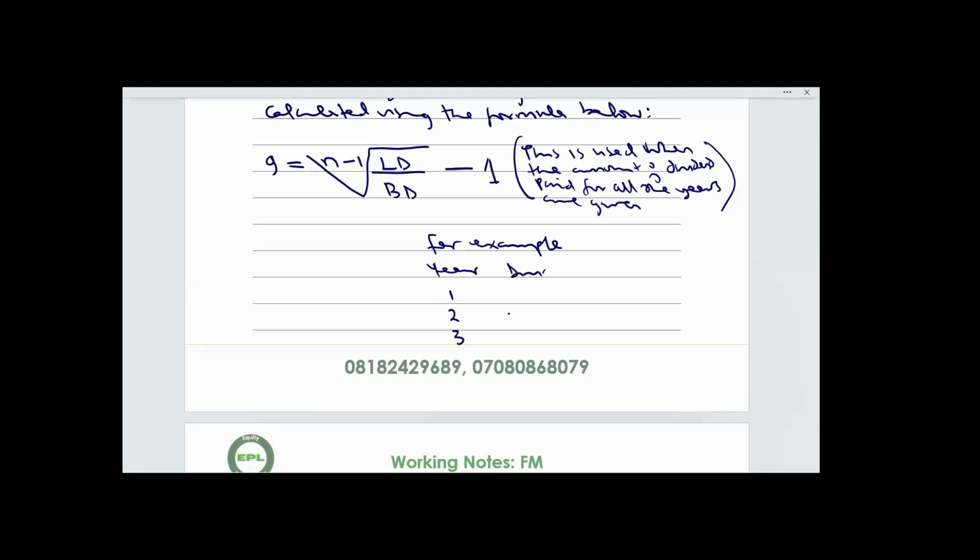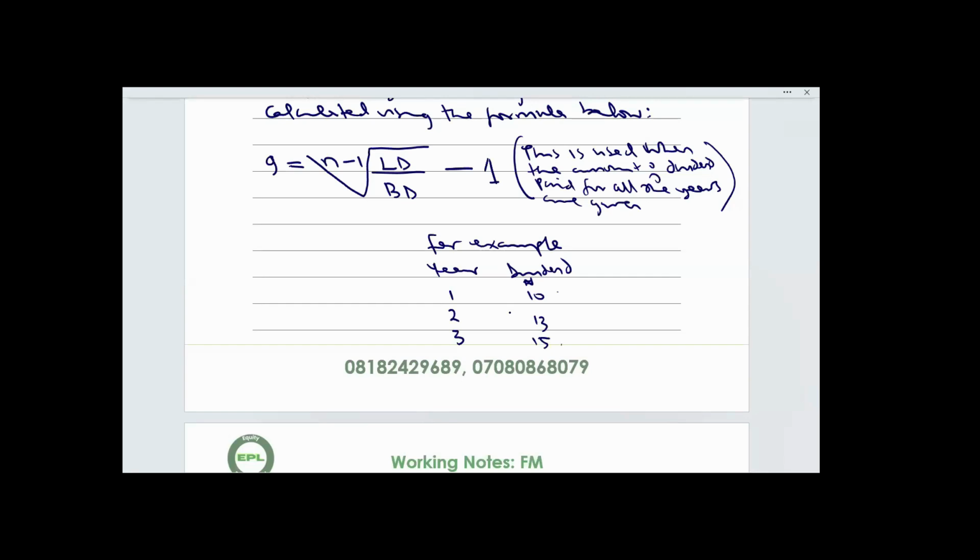The amount of the dividend paid for year 1 is 10 naira. Year 2 is 13 naira. Year 3 is 15 naira. So these are the amounts of dividend paid across the 3 years. So you can see that dividend has increased from 10 naira to 15 naira.